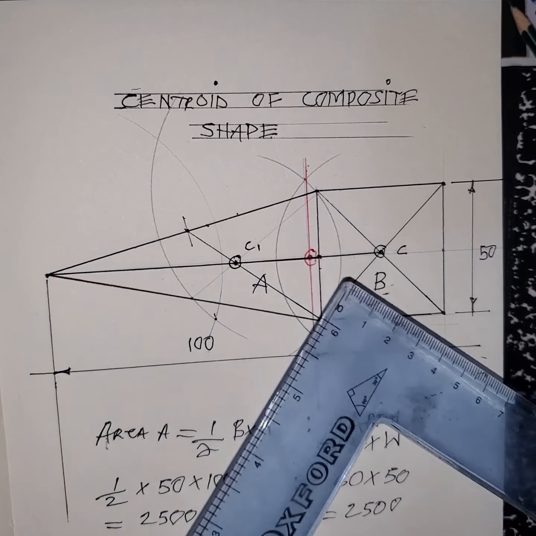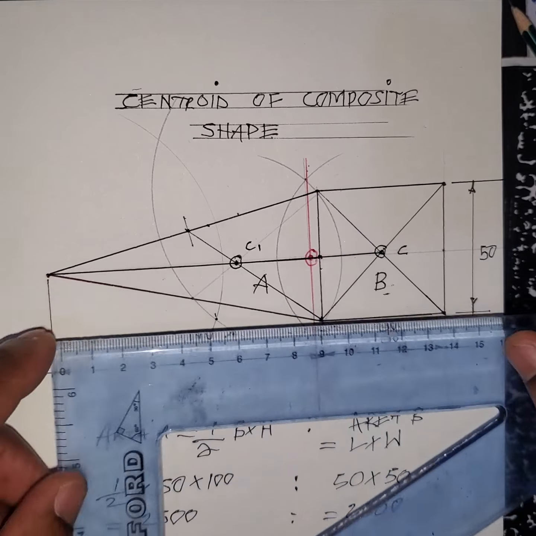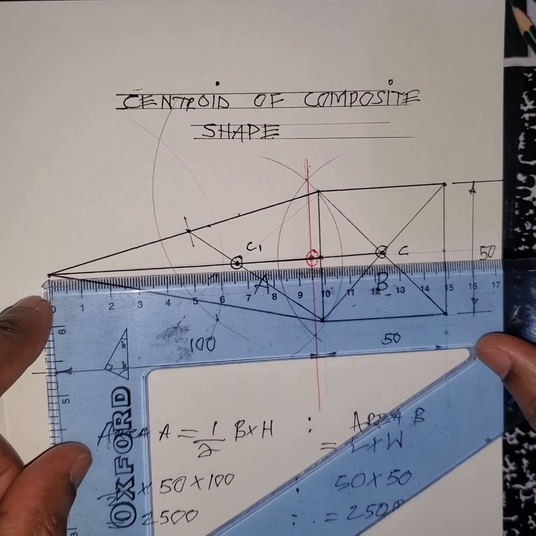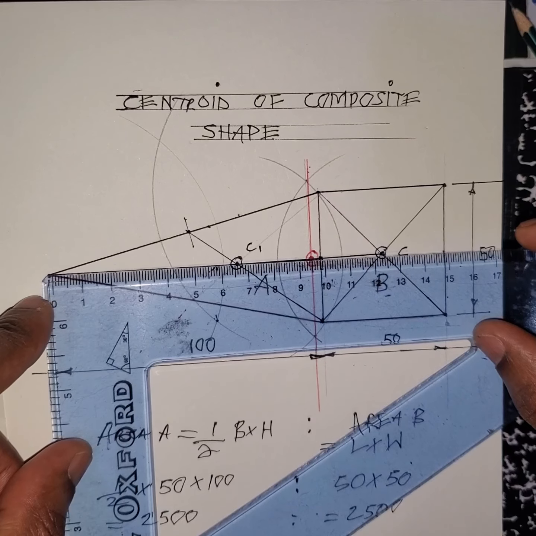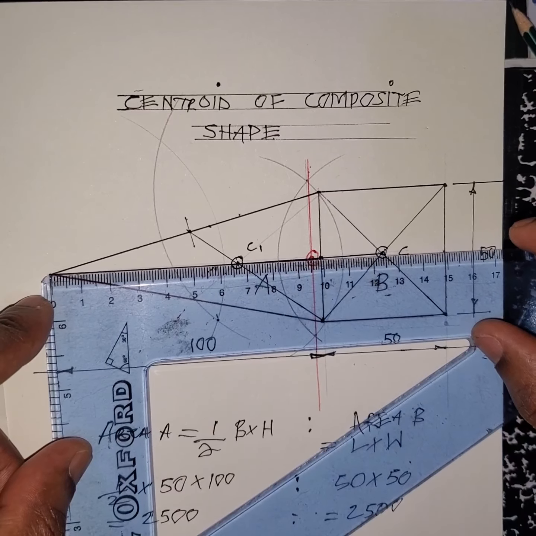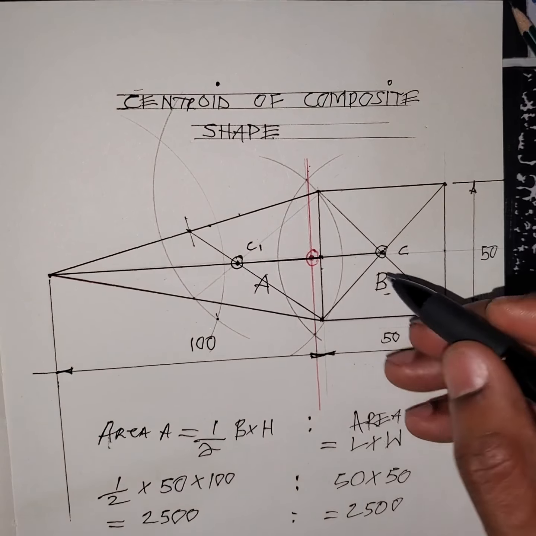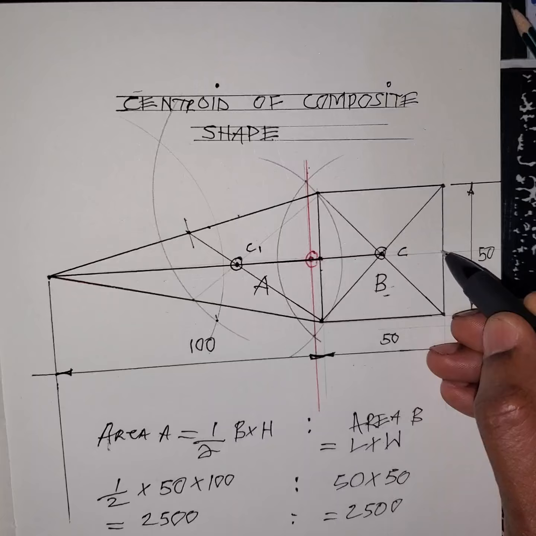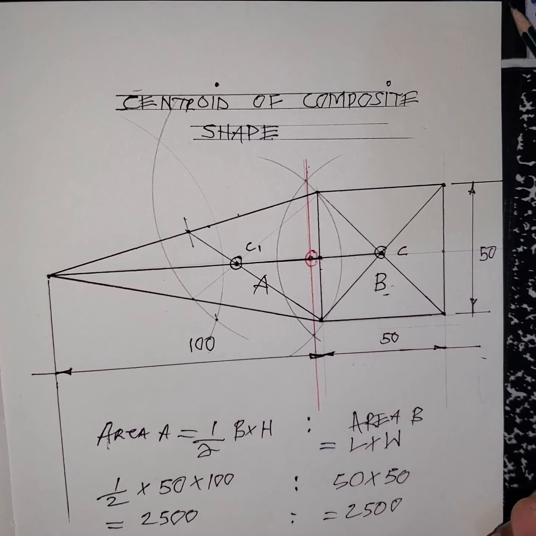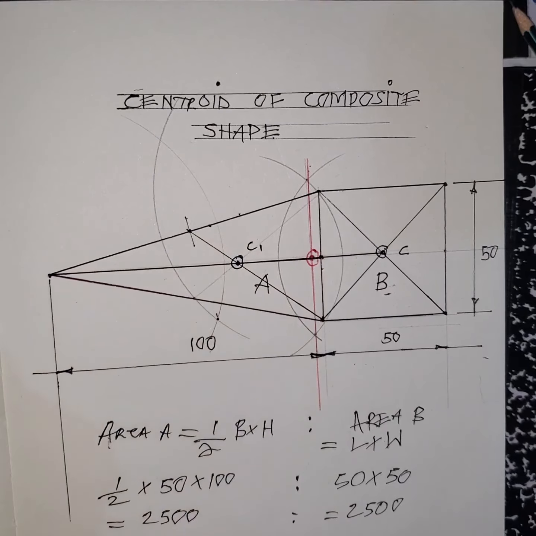And if you ask what is the distance from the centroid to the other end, it would have been 95 or 96. So that is how we find the centroid for a composite shape.